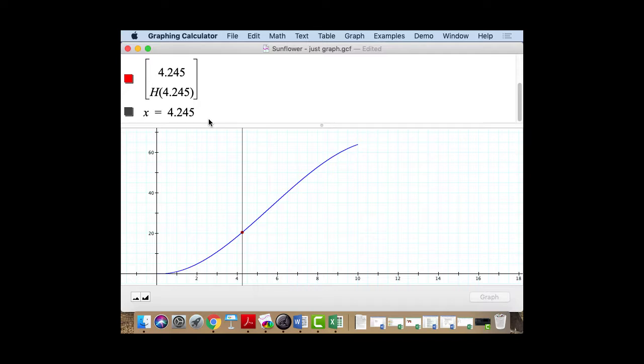What if I just want the line segment that goes from the x-axis up to the curve, up to where that red dot is? What could I append onto this line here? Yeah, y is between, we'll say it in English kind of, between what and what? Yeah, 0 and h of 4.245.